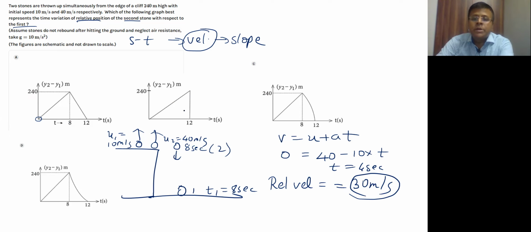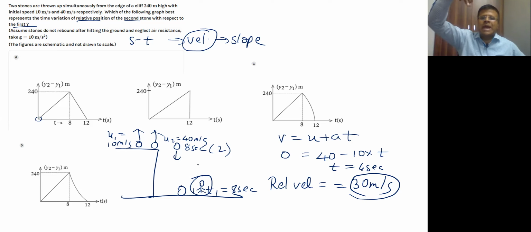That is clear. Now, after 8 seconds, what's going to happen? If you think that an observer is standing at the ground here, now ball 1 is not going to move, only ball 2 is going to move under the influence of gravity. So it is a case of a position time graph where there is an acceleration involved here. And what is the acceleration?